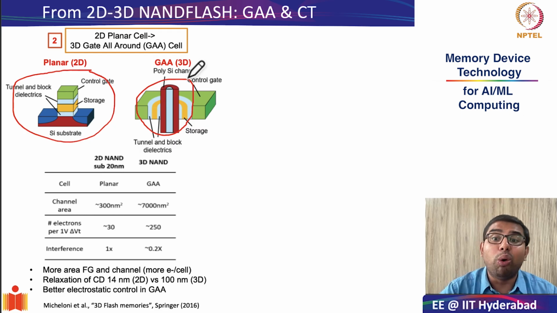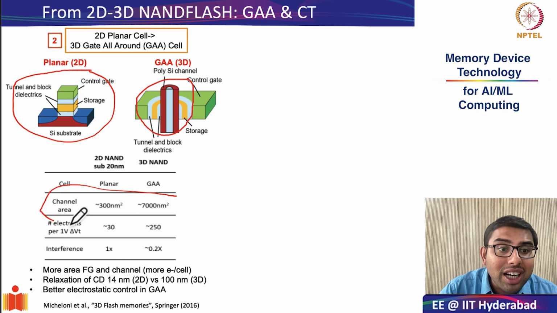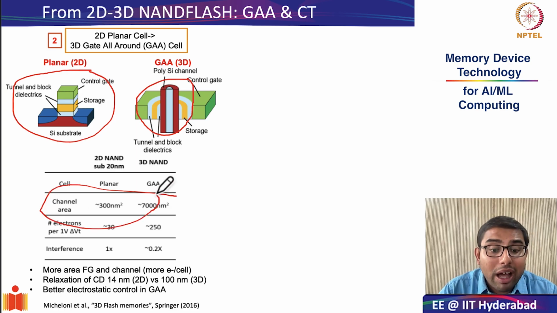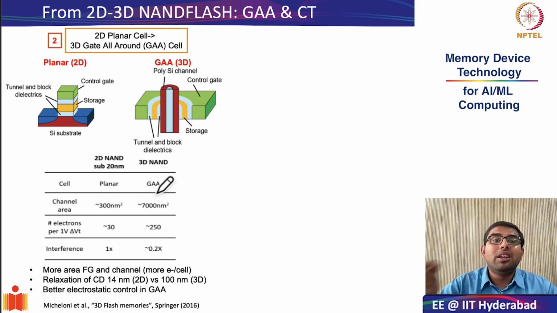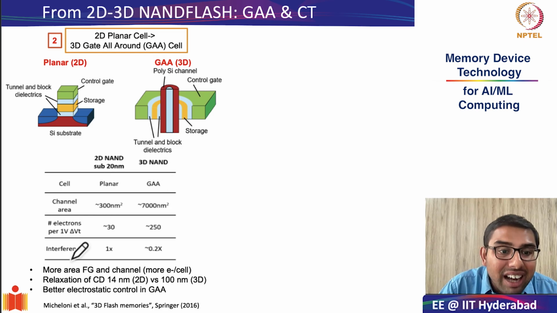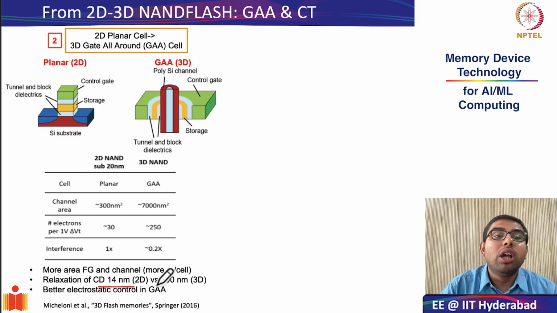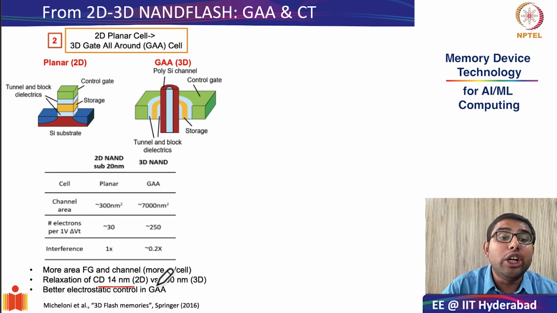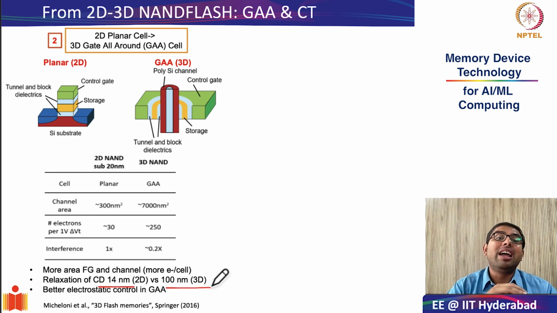But that is not the only thing. You can also have a much larger channel area. Why can you have a much larger channel area in a gate all around transistor? Because you can literally relax the critical dimensions from close to 20 nanometers in 2D to more than 100 nanometers for a gate all around transistor.